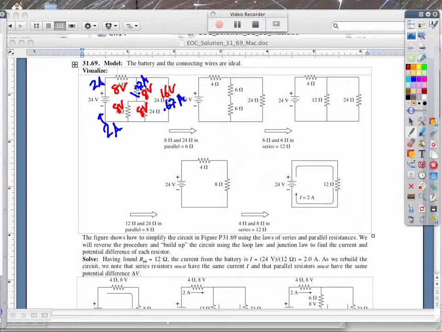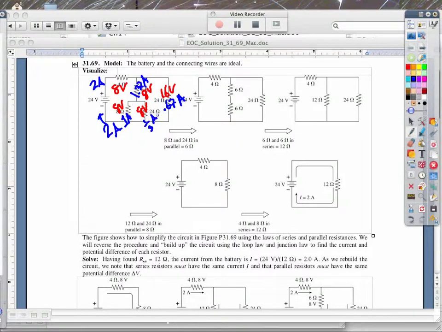And then I is V over R. So this is going to be how many amps? 8 volts, 8 ohms? It's just 1. So this is 1 amp here. So this is 1/3 of an amp here. And bingo, because we have 2/3, 1/3, 1, and that makes 2.